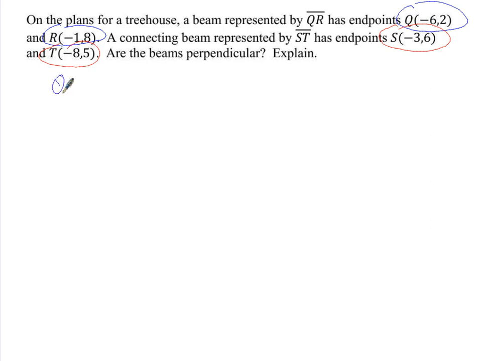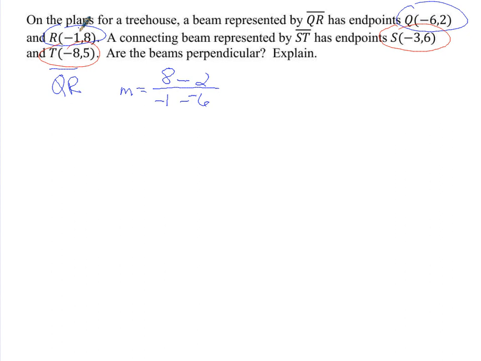So for QR, the slope m equals what? y2 minus y1 over x2 minus x1. So we're going to write 8 minus 2 over negative 1 minus negative 6.